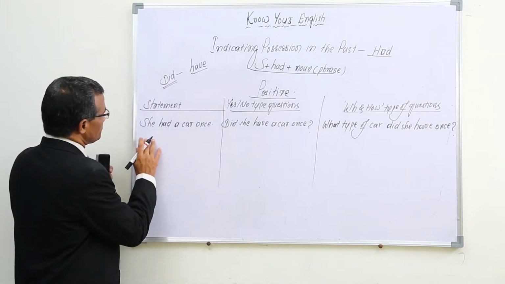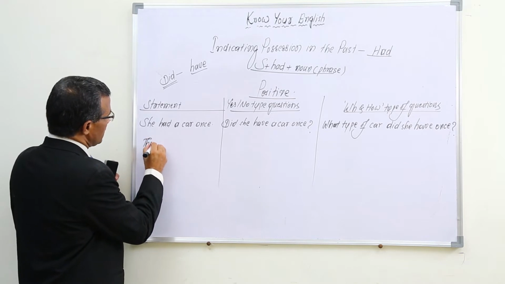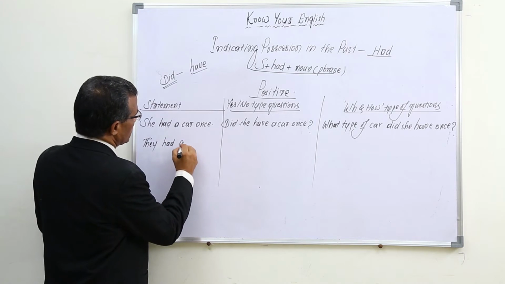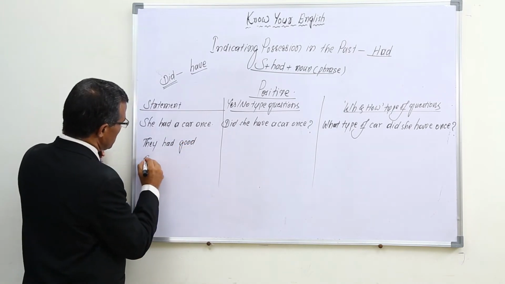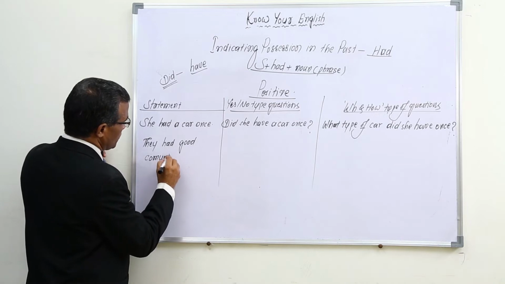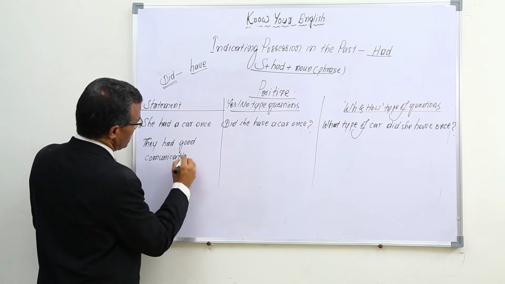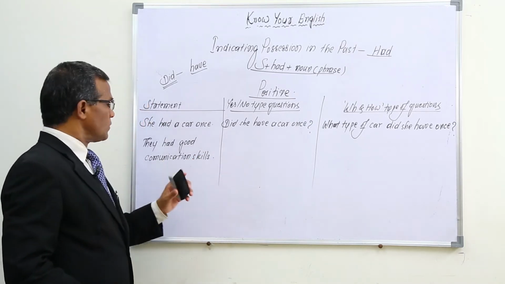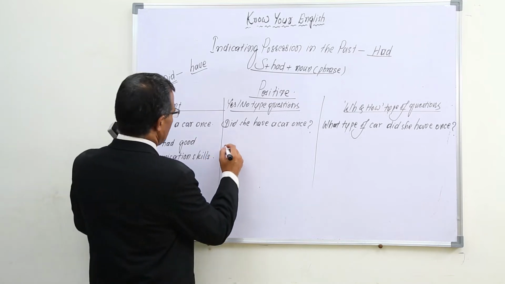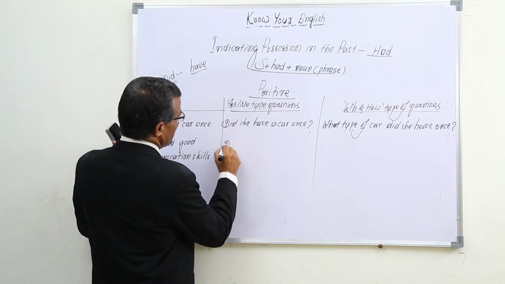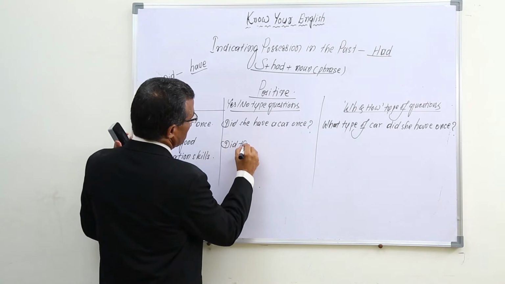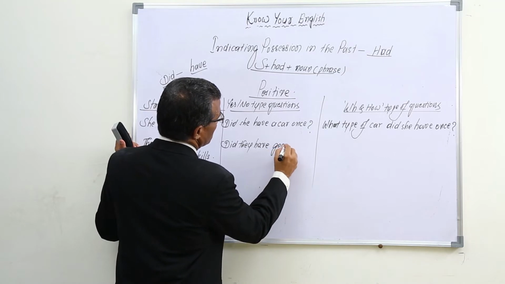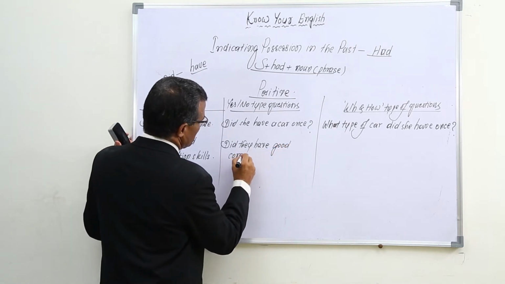Next, for example, they had good communication skills. We are talking about past things only here. They had good communication skills. And the question for this is, did they have good communication skills?